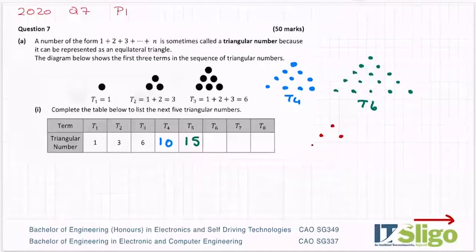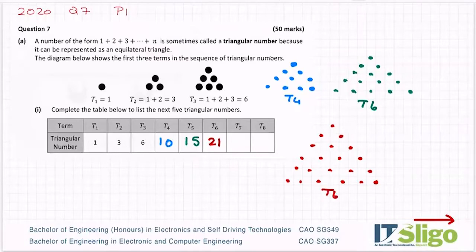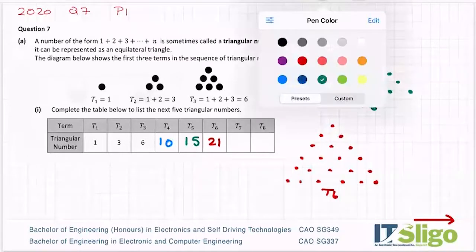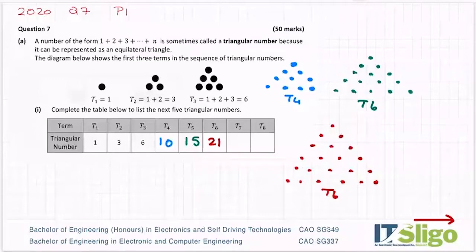I'm just literally adding on the next row of dots where the row goes up by 1 number every time. 1, 2, 3, 4, 5, 6. So that will give me 21 for T6. T7, I'm going to add on 7, so it's going to be 28. And T8, I'm going to add on 8, so it's going to be 36.